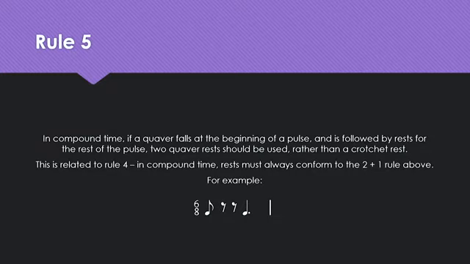The reason for this is in compound time, we are always trying to obey the rule 2 + 1, not 1 + 2. If we had a quaver followed by a crotchet rest, that would be 1 + 2, not 2 + 1. So in a case where you just have a quaver by itself, it must be followed by 2 quaver rests.